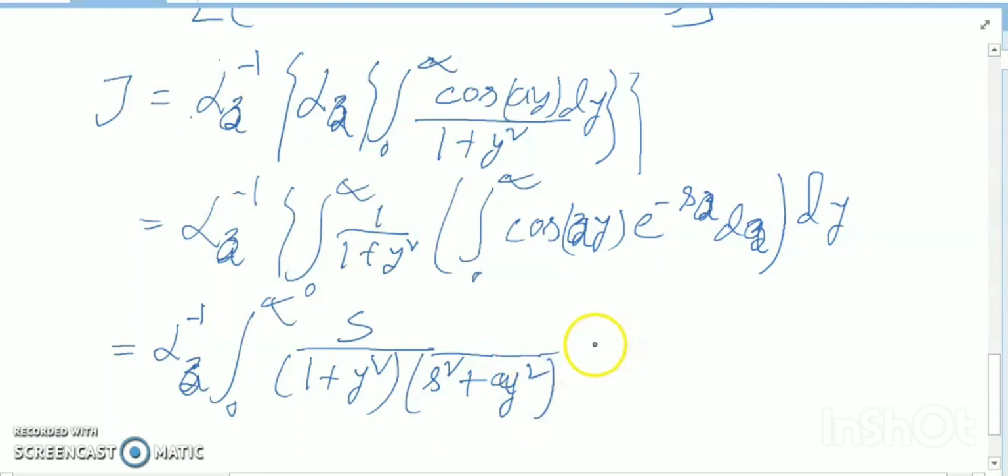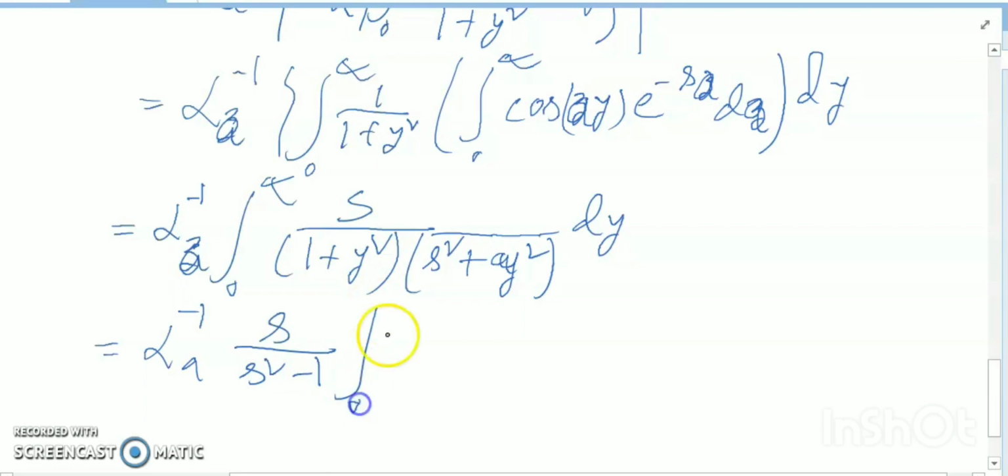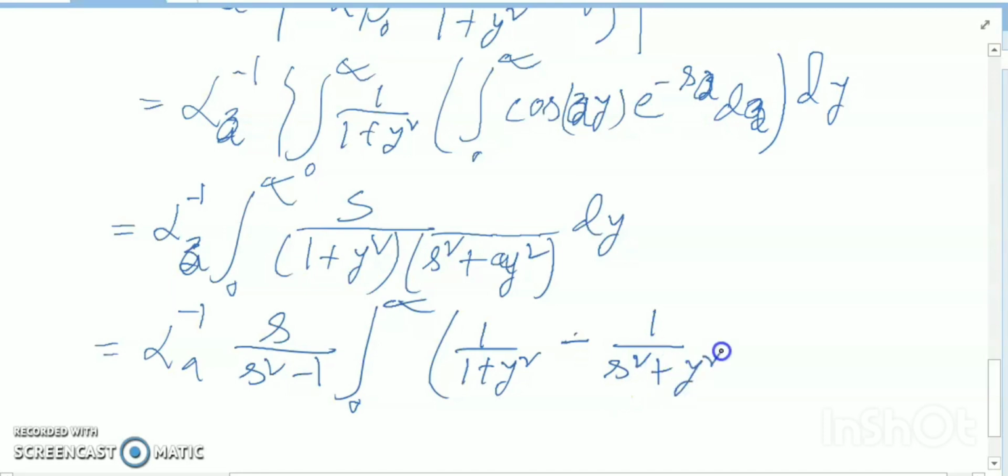Okay friends, this is my dy. So this can be written as L inverse of s divided by s square minus 1, and it can be broken in this way: 1 divided by 1 plus y square minus 1 divided by s square plus y square, dy.